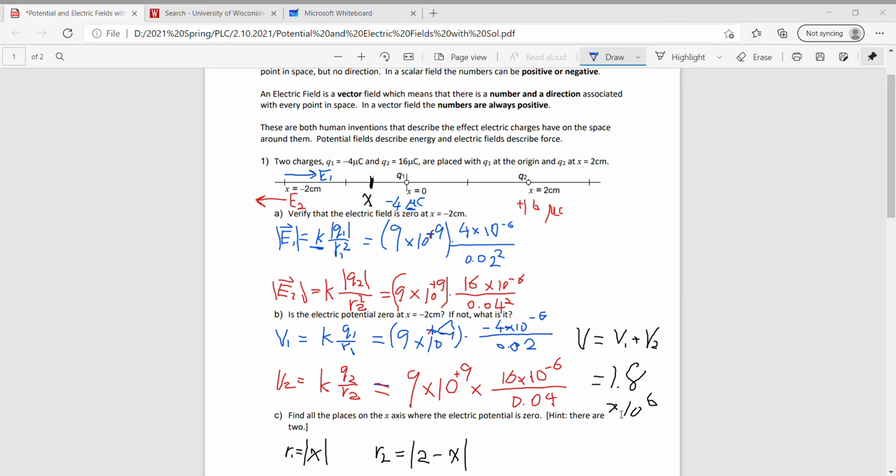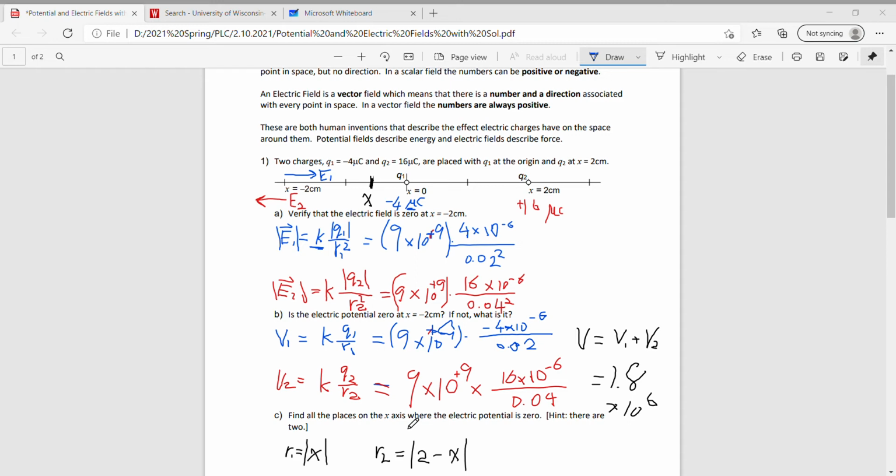V1 is 9 times 10 to the 9 times minus 4 times 10 to the negative 6 over 0.02.